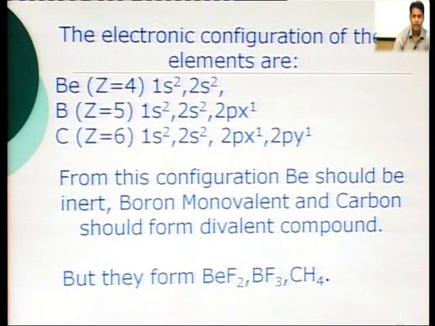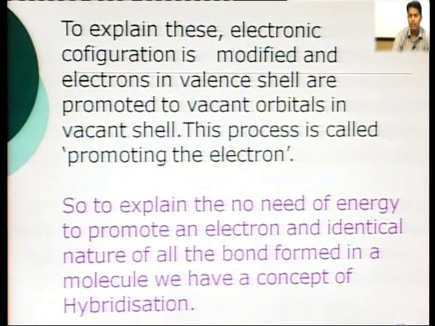From this configuration, beryllium should be inert, boron monovalent, and carbon should form divalent compounds, but they form beryllium difluoride, boron trifluoride and methane. To explain these, the electron configuration is modified and electrons in the valence shell are promoted to vacant orbitals in the vacant shell. This process is called promoting the electrons.